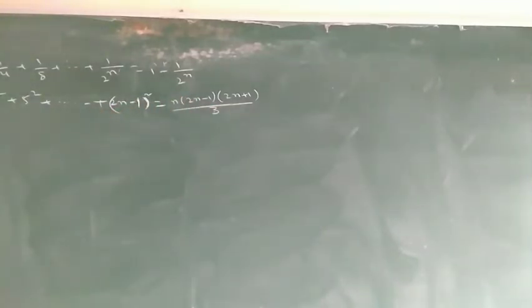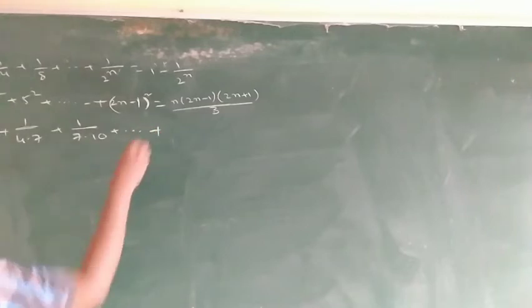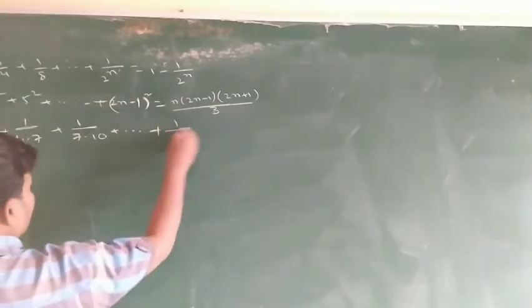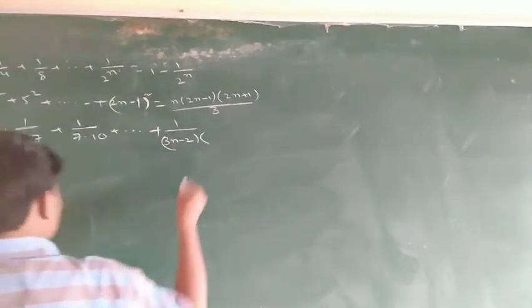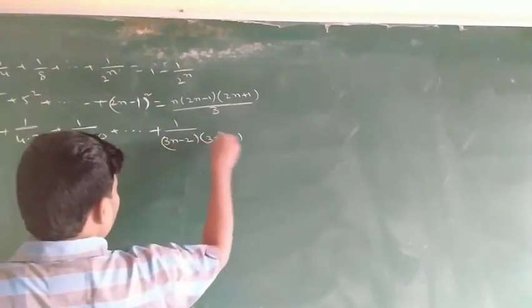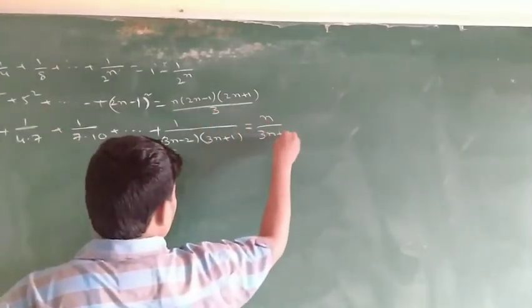Next, the 16th one: 1 by 1 into 4 plus 1 by 4 into 7 plus 1 by 7 into 10 plus and so on plus 1 by 3n minus 2 into 3n plus 1 is equal to n by 3n plus 1.